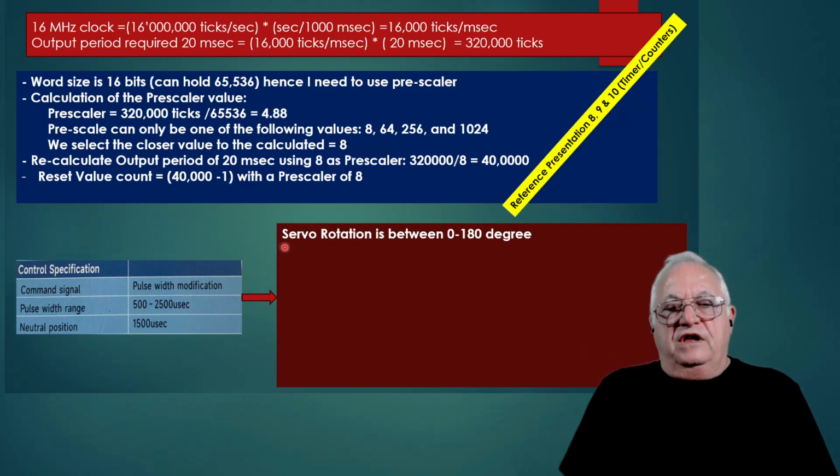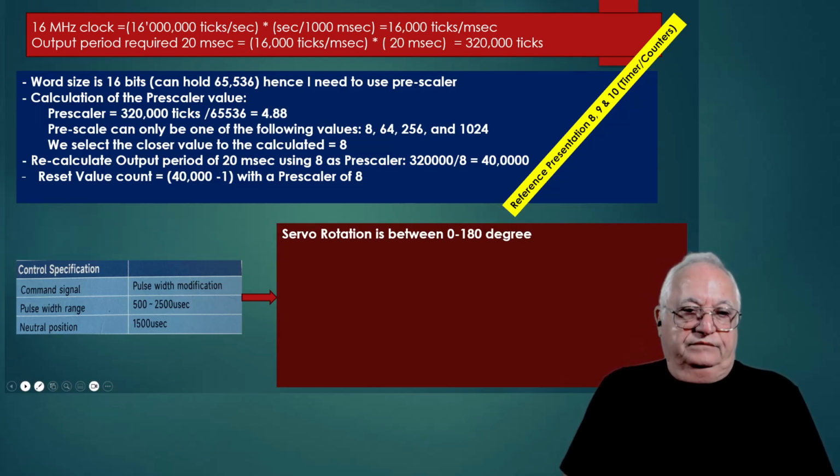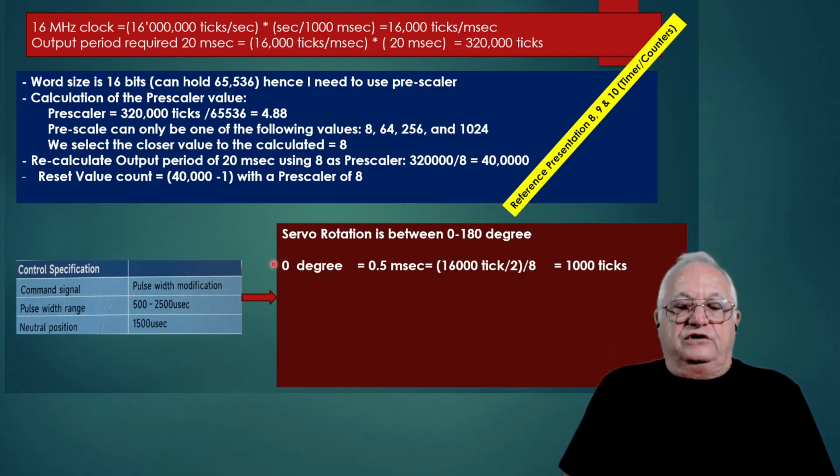Okay. First, the servo rotation is between 0 and 180 degrees. So I could argue that 0 degrees corresponds to the lowest value, which is 0.5 milliseconds. Now I'm going to convert this value into ticks.